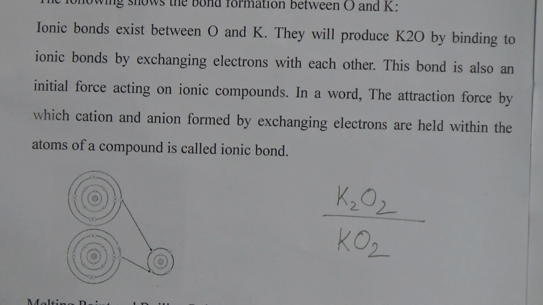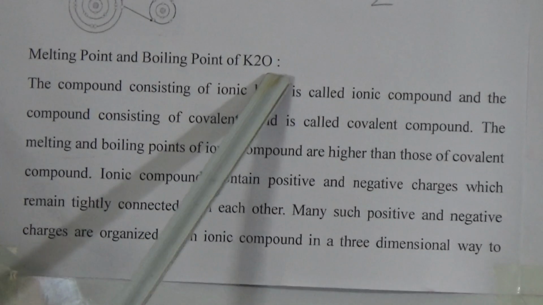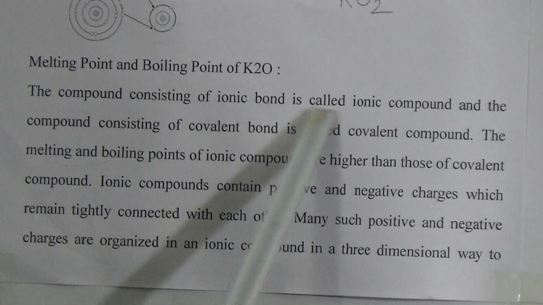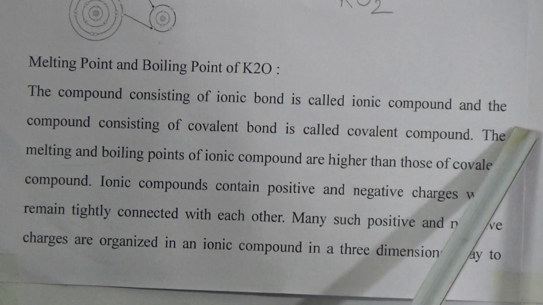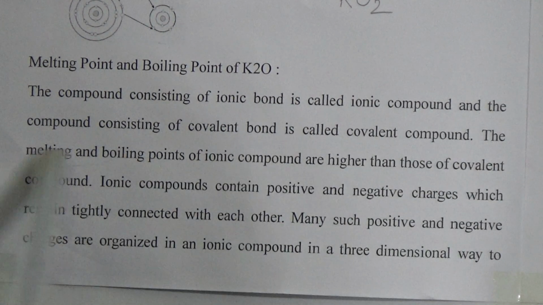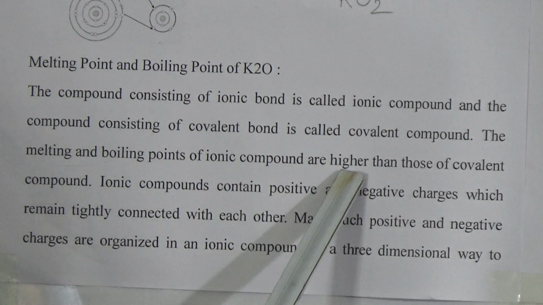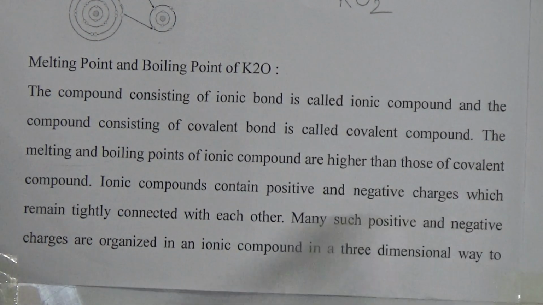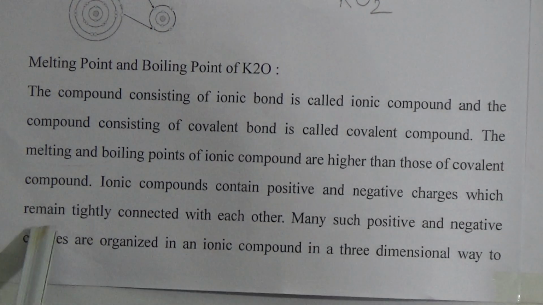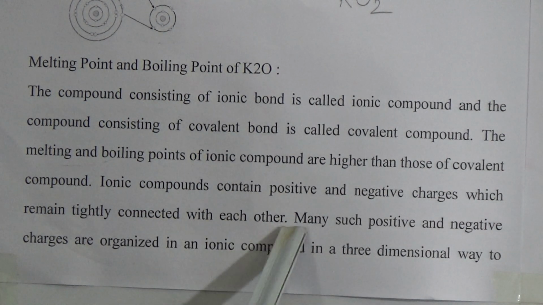Now come to the melting point and the boiling point of potassium oxide. A compound consisting of ionic bonds is called an ionic compound, and a compound consisting of covalent bonds is called a covalent compound. The melting and boiling points of ionic compounds are higher than those of covalent compounds. An ionic compound contains positive and negative charges which remain tightly connected with each other.